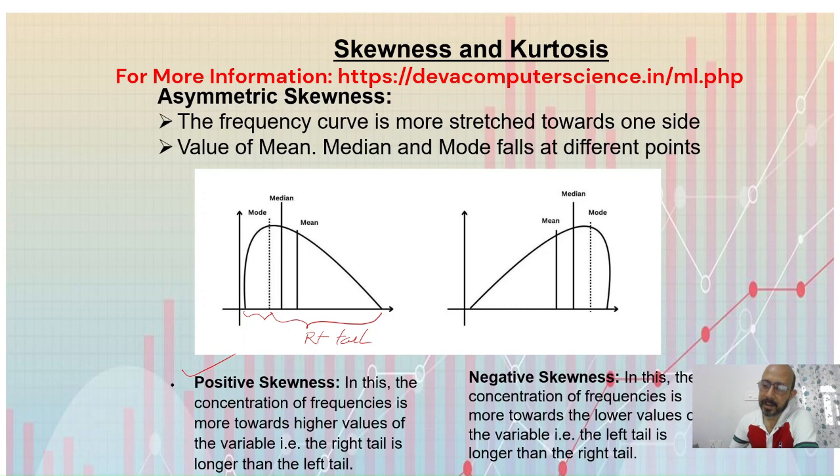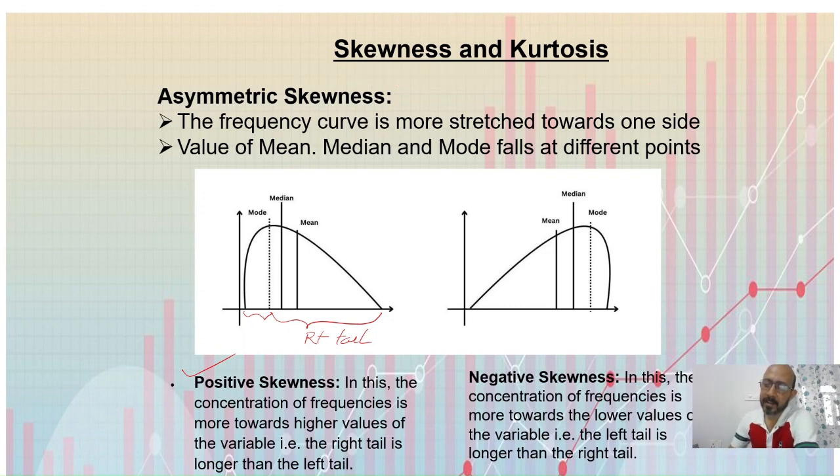Negative skewness. In this, the concentration of frequencies is more towards the lower values of the variable. So the left tail is longer than the right tail. This one is the left tail. The left tail is longer than the right tail.